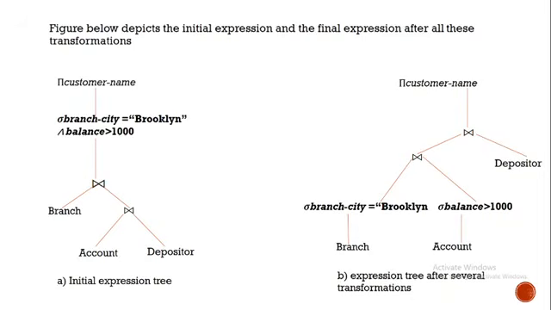Now these are the expression trees. Here is the expression tree where the selection is done later, and this is the expression tree after several transformations, where the selections are done earlier on branch and account relations, and afterwards the joining is done with the depositor relation.